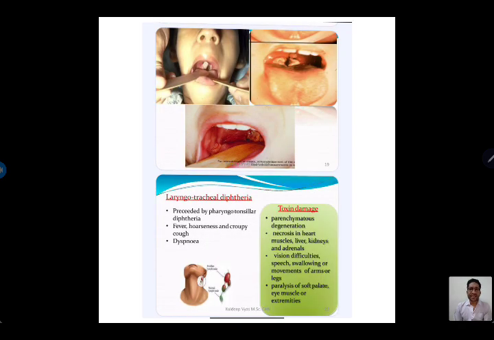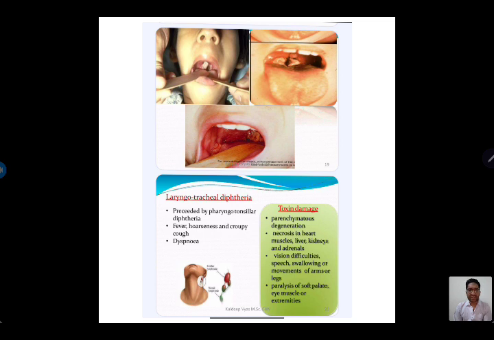You can see in the pictures a laryngotracheal diphtheria preceded by pharyngotonsillar diphtheria. Fever, hoarseness of voice and croupy cough with dyspnea. The toxic damage is parenchymatous degeneration and necrosis in the heart, muscles, liver, kidney and adrenals.